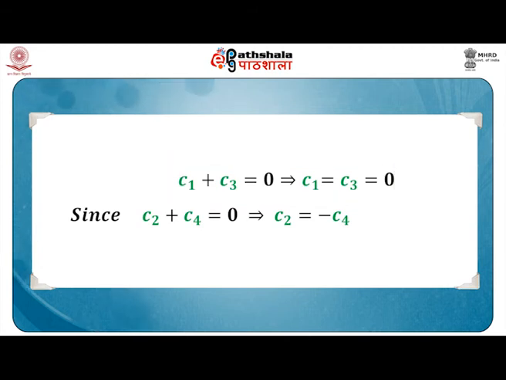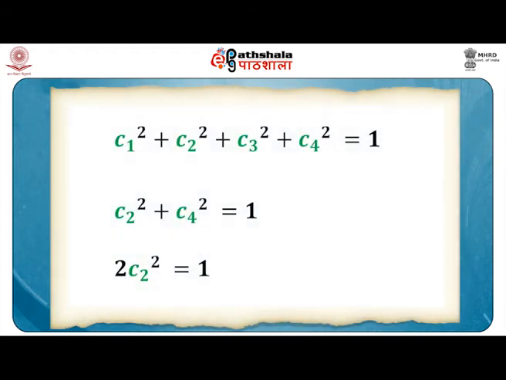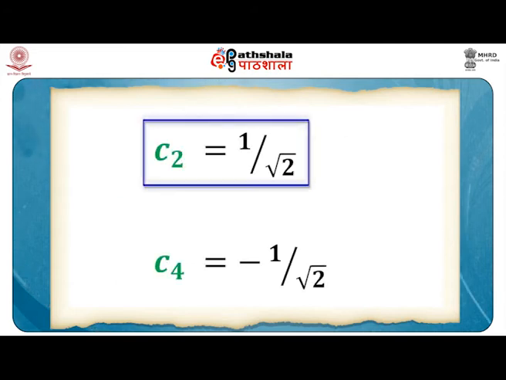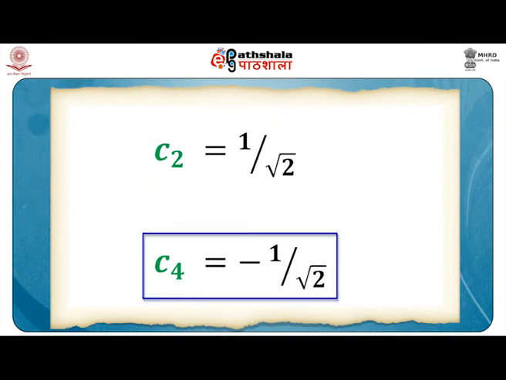And now if we substitute these values, we also get to the conclusion that C2 plus C4 should be equal to 0. Now, if we use the corresponding normalization condition and simplify the values of these coefficients, one notices that C2 comes out to be 1 upon under root 2, whereas C4 comes out to be minus 1 upon under root 2.